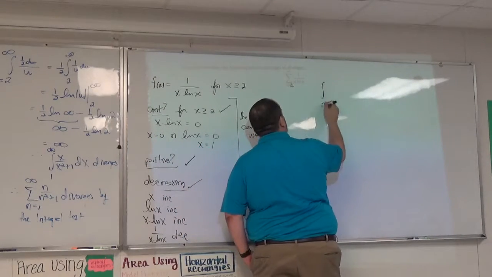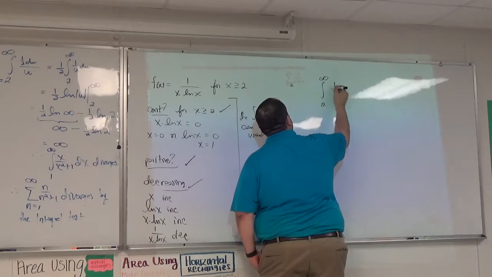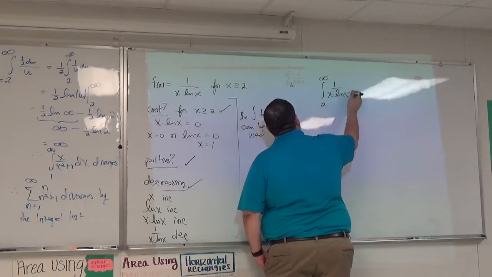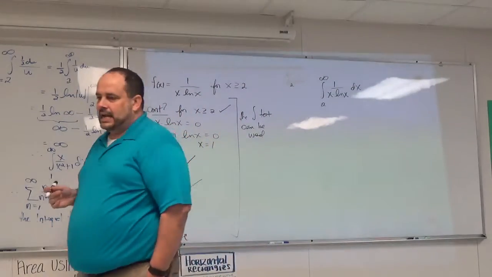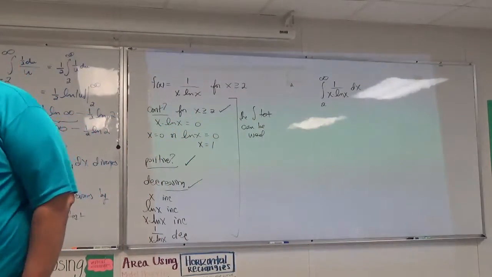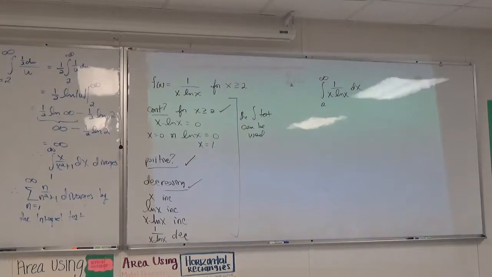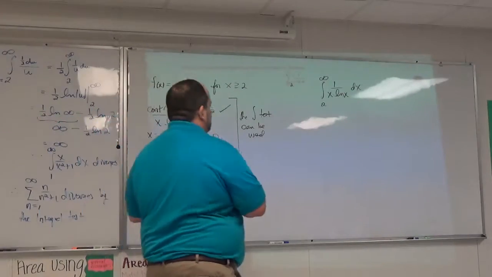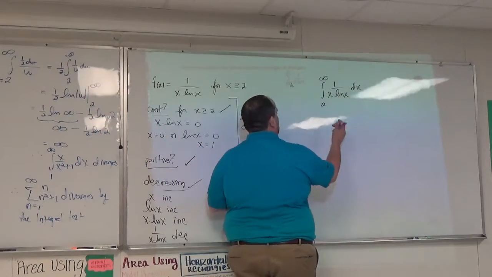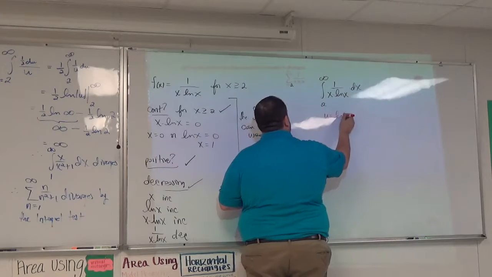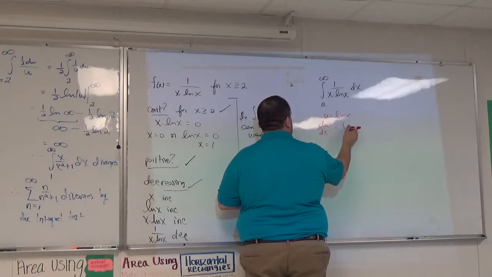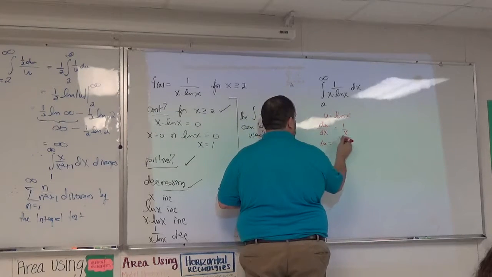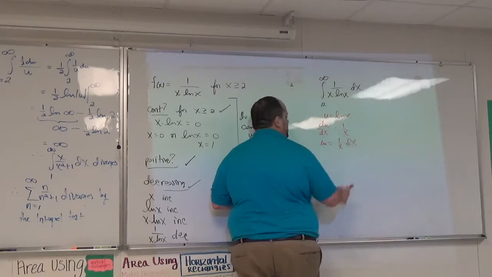We look at the integral from 2 to infinity of 1 over x times the natural log of x dx. You know exactly what we're going to do next. We're going to try substitution. We're going to let u equal the natural log of x, because du dx is 1 over x, so du is 1 over x dx.